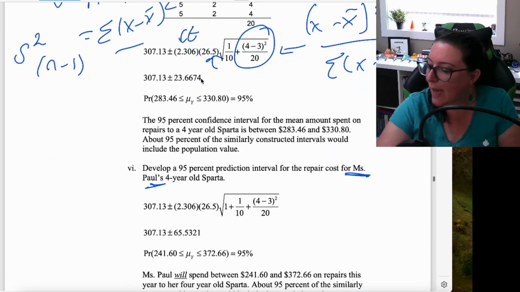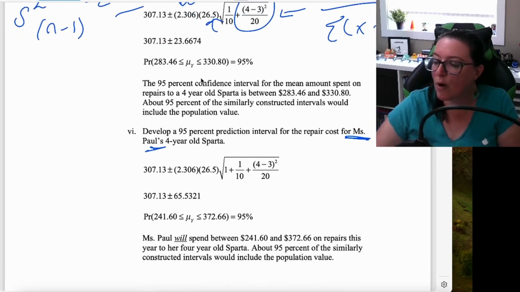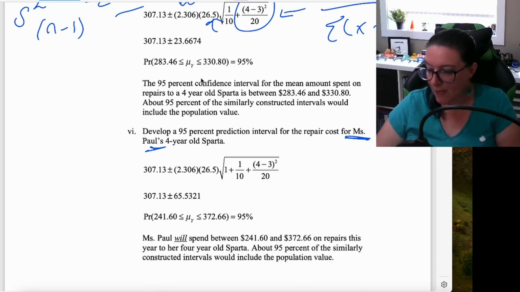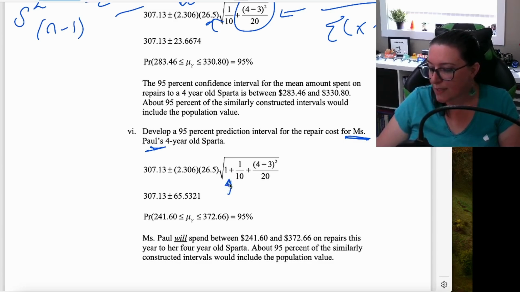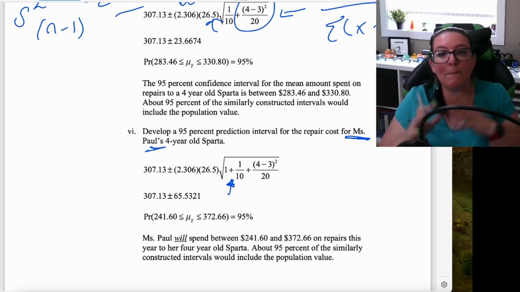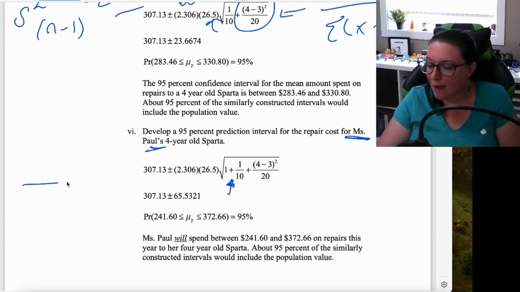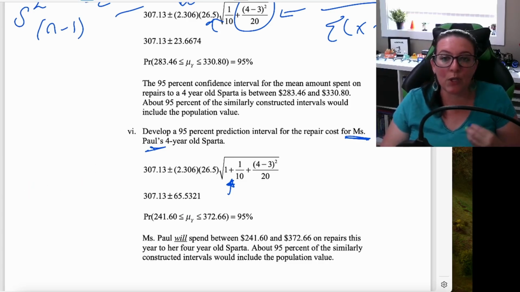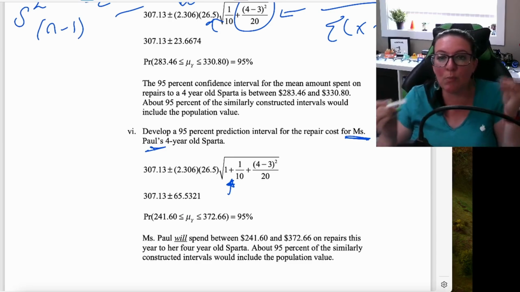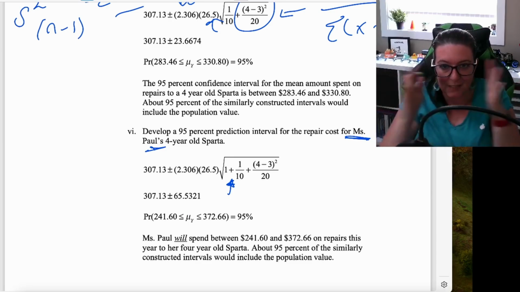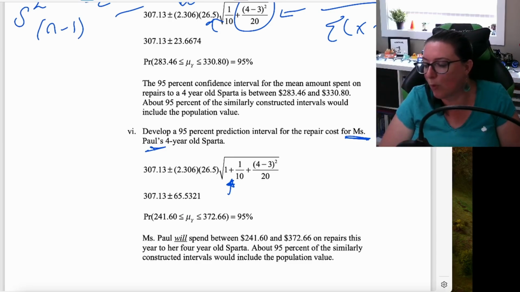Here we are looking at predicting an interval for a specific person. So we're making this additional adjustment because of that specific individual and not the average. You're allowing for a bit more variability because instead of an average value, we're looking at the individual value, so it's not just the center, but it can be out a little bit more.